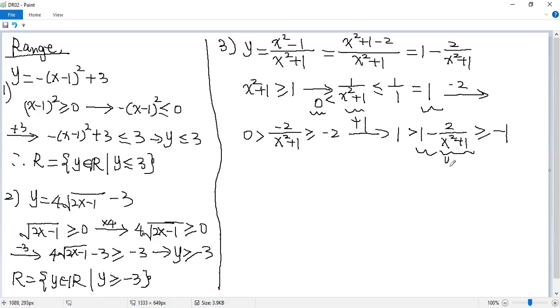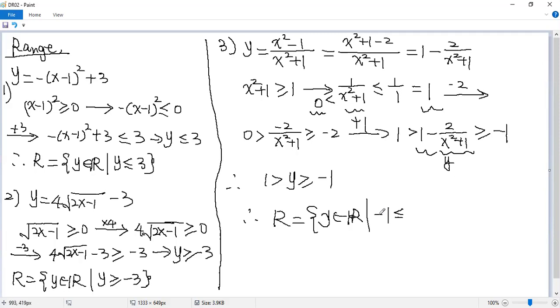So we know that one is y. So that means 1 is greater than y, and y is greater than or equal to -1. So the range of the given function is: y is a real number, but -1 less than or equal to y, and y less than 1.